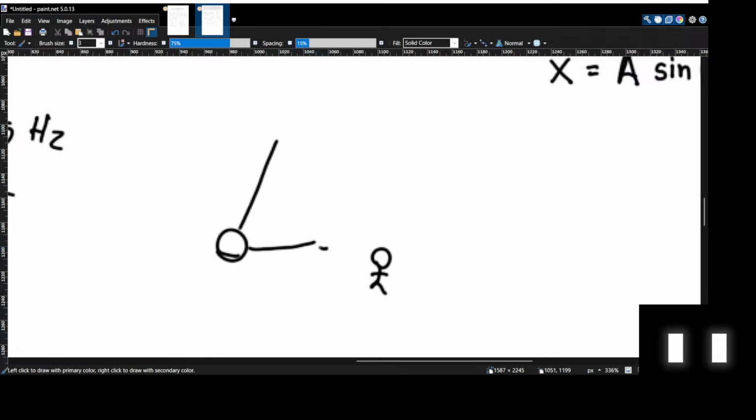Now consider a different scenario where the pendulum is over here, then it swings over here, it comes here, and then you push it, and once it's over here, you push it again, and then it falls back down, and you push it again. As you can see, you're not pushing it in phase, in sync with the pendulum. So when it's coming back down and you push it, you're dampening it.